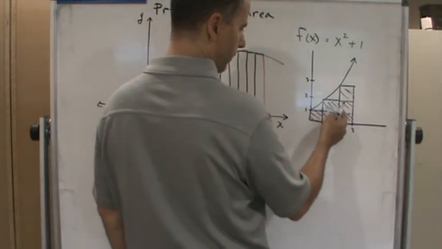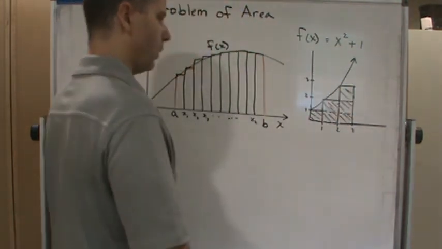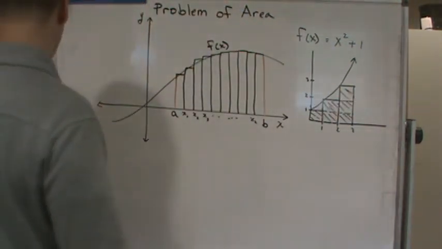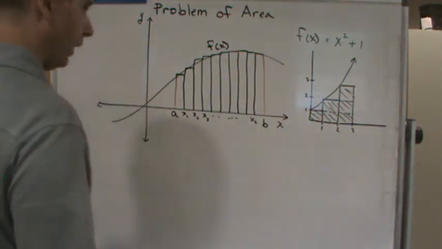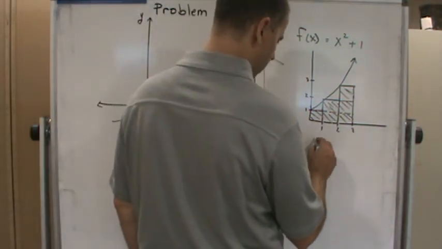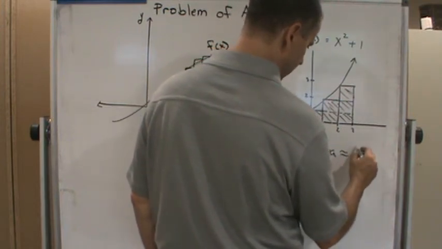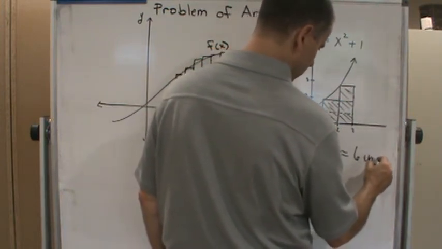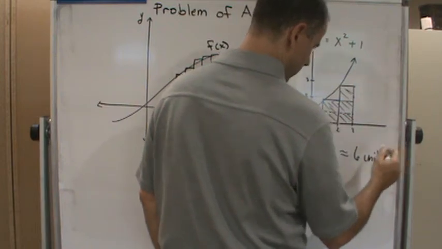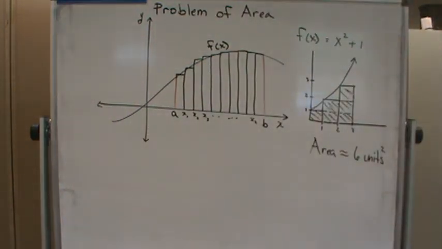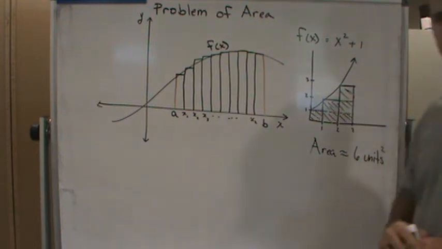We have 1, 2, 3, 4, 5, 6 square units. And so the area under the curve, we would approximate as 6 units squared. And so that's the idea.